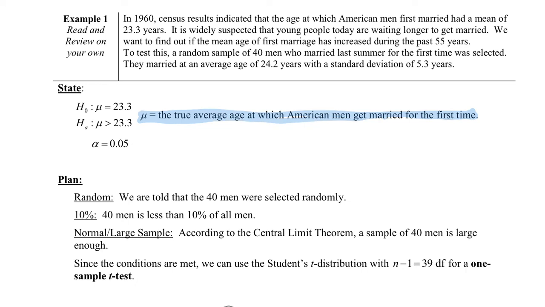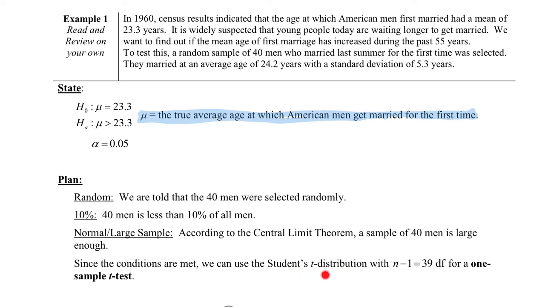Okay. Then we've got the plan. We can see for this one, it's random, and we're told the 10% rule or independence is met. Normal, large sample, central limit theorem. We've got 40 in our sample, so we're good to go. And then since the conditions are met, we can use the t-distribution.